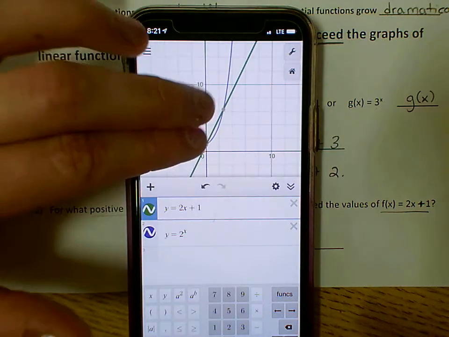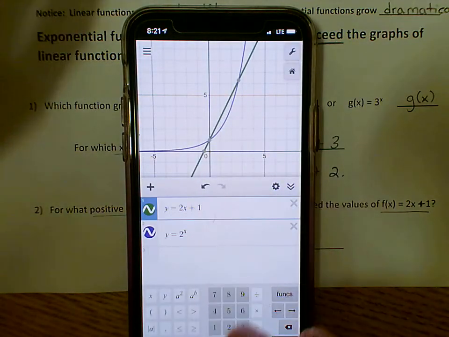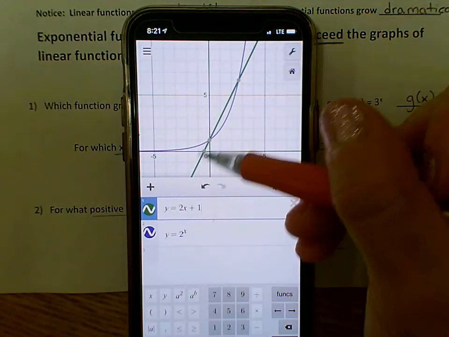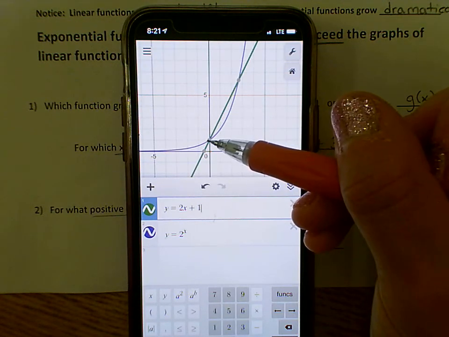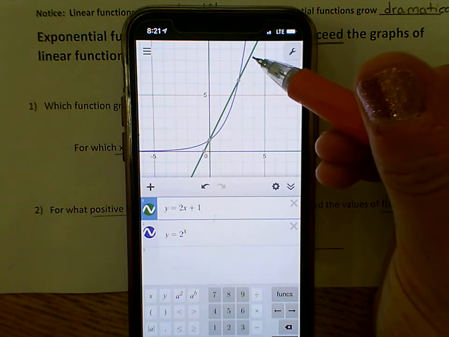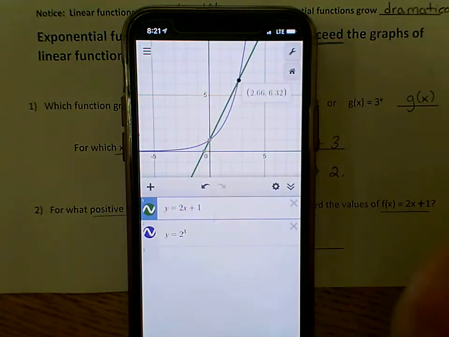And then we're going to look at it, okay? So you're looking at where the exponential goes past the other one. So right here, if you look, the linear function has actually kind of gone above the exponential. So that is opposite of what you want. What you're wanting to know is when does the exponential go past the linear one, because that's the one that exceeds it. So right here is the point you're looking for.